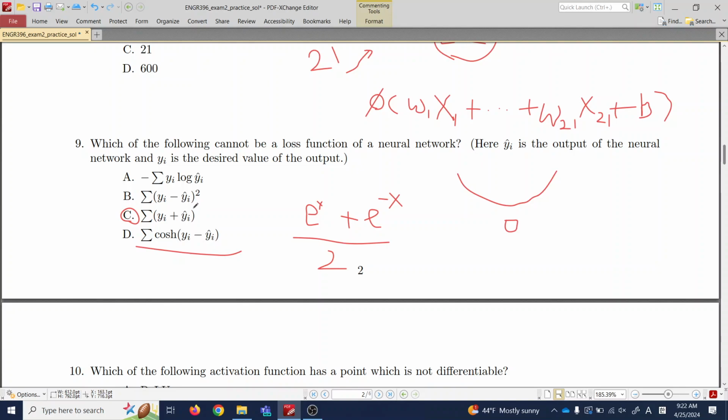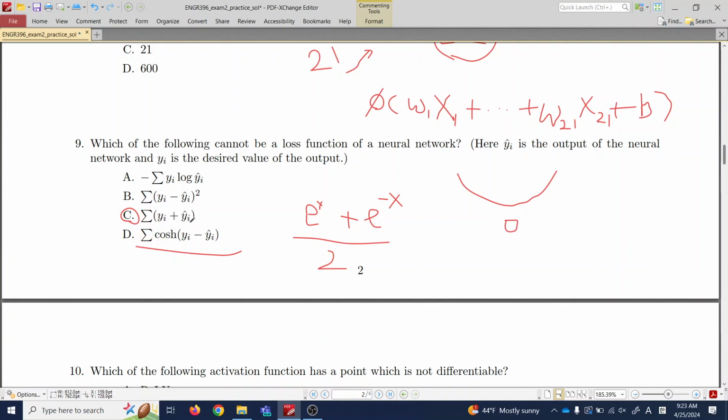Why? Because it only has a power of 1. So the loss function can be minimized if the machine just puts out huge negative values, like negative a million, negative a billion. It's going to make this more and more negative.